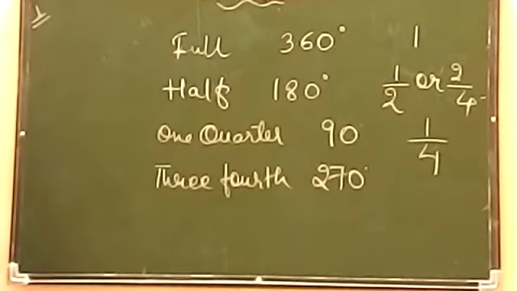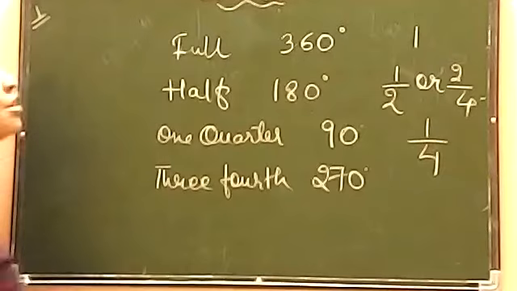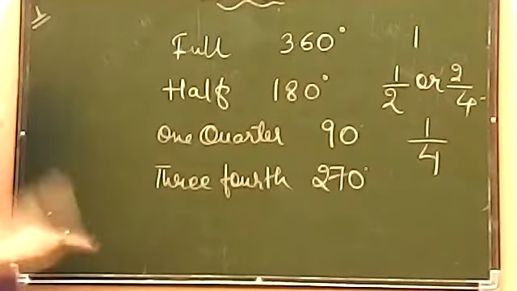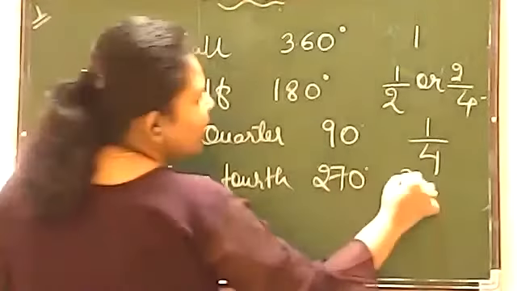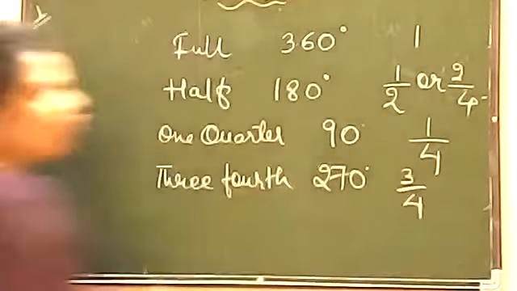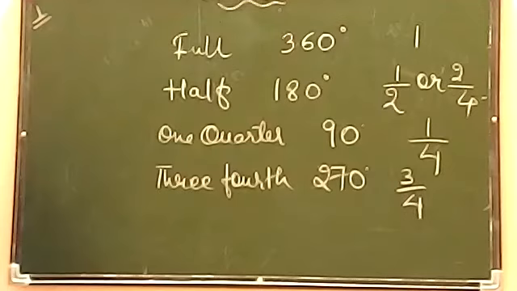So remember 270 means 3 into 90, which will give you 3 right angles, or you can also call it out of 4 parts, you are covering 3 parts. So we will call it 3/4.